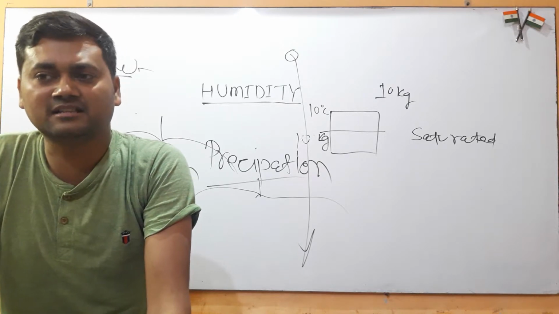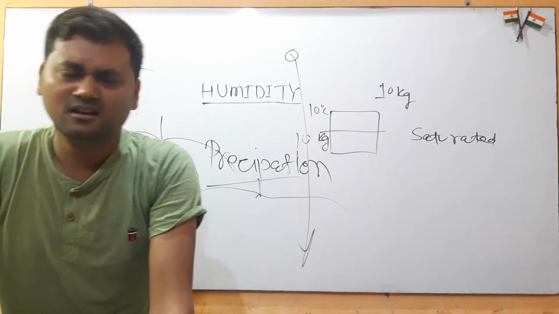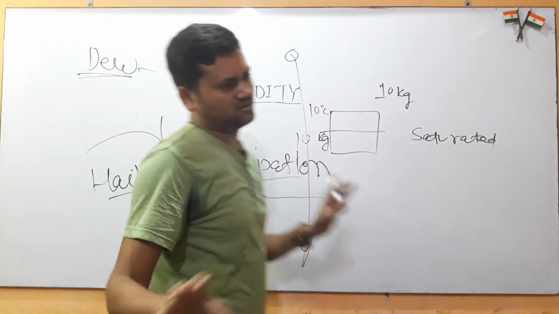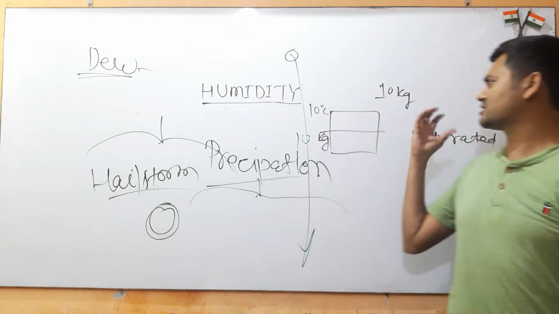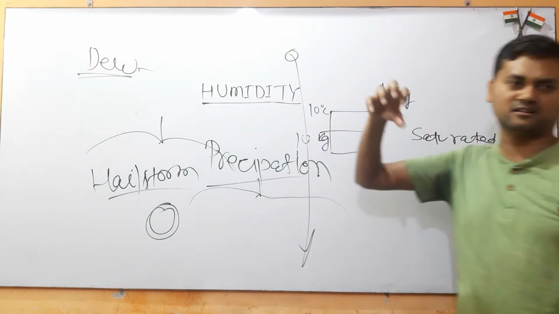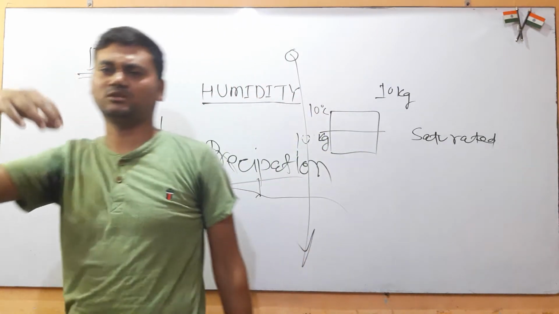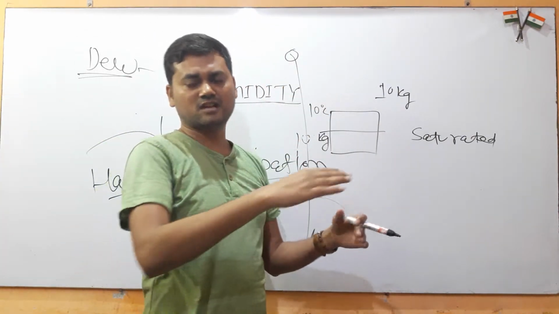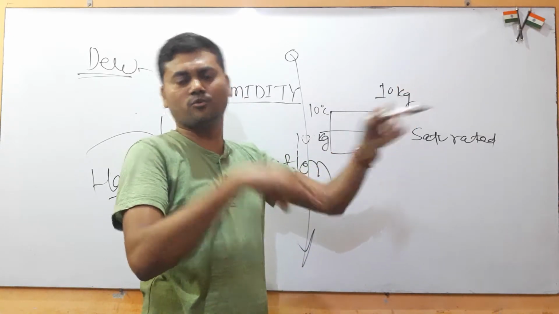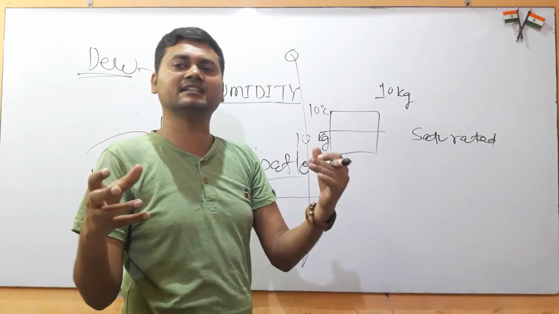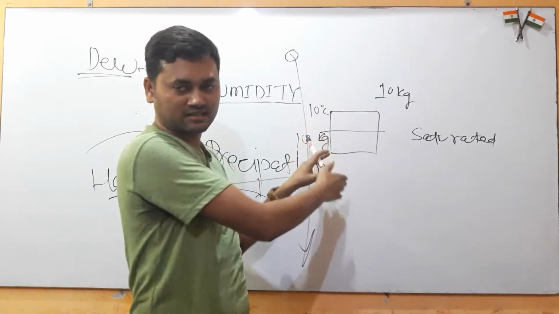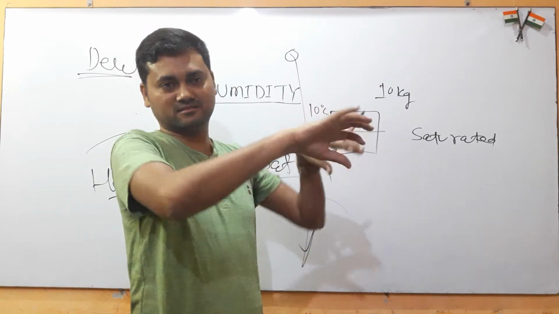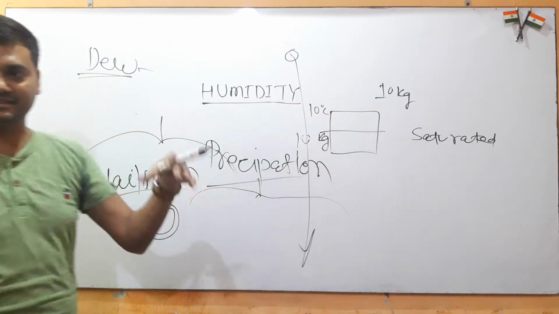This is known as a hailstone or hail. These are all related to what I have told you: the extra, the condensation, the saturation stage. Beyond saturation, whatever extra is there, once you decrease the temperature, everything happens. Are you getting me?